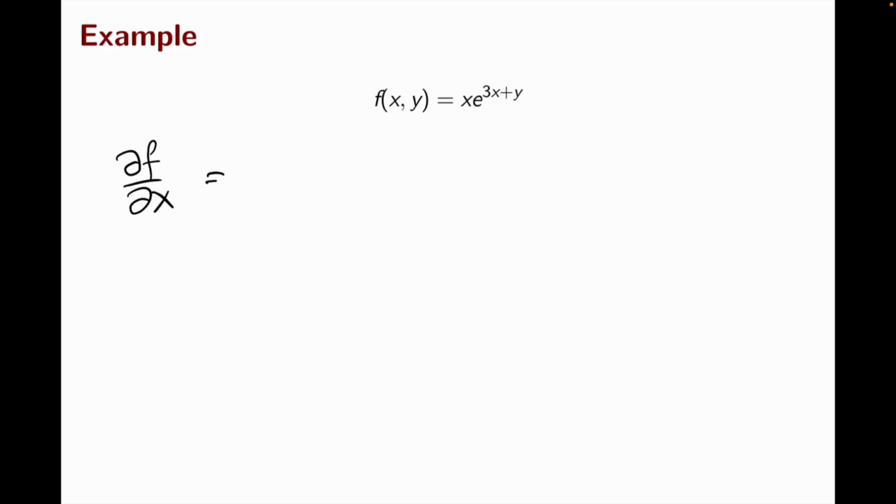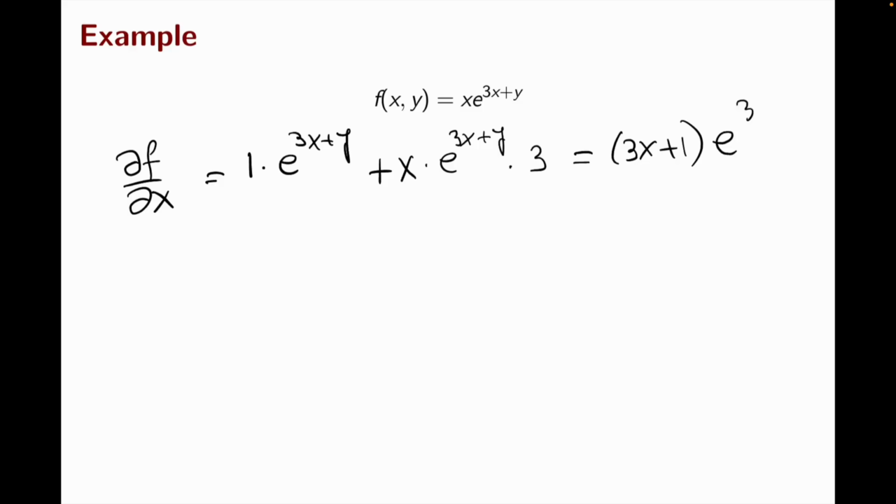So it's going to be the derivative of a product: the derivative of the first one, which will be 1, times the second one as it is, plus the first one as it is, times the derivative of the second one, that will be e to the 3x plus y times 3. So taking common factor here, this will be equal to (3x plus 1) e to the 3x plus y.